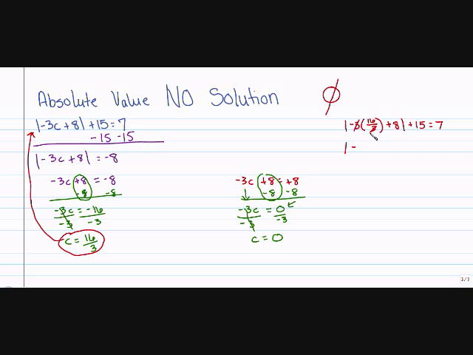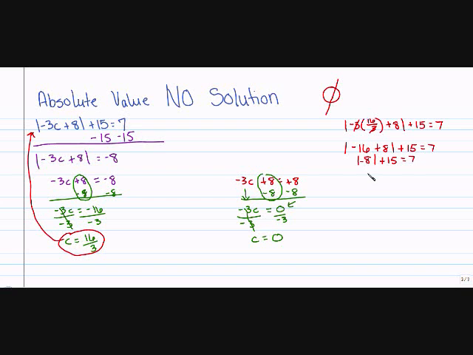And when you divide 3 and 3, you end up with 16. Plus 8 plus 15 equals 7. Negative 16 plus 8, you still have the absolute value signs. It's different signs, so you take the difference, which is 8, and you take the sign of the larger number, which is 16. Plus 15 equals 7.